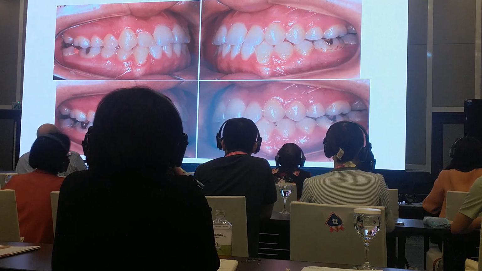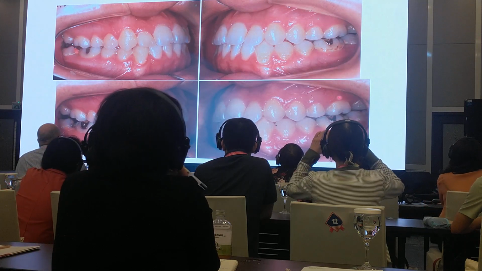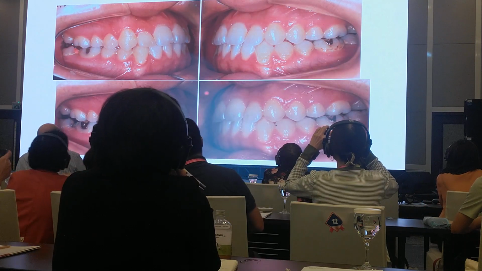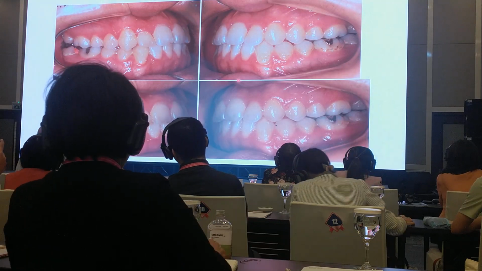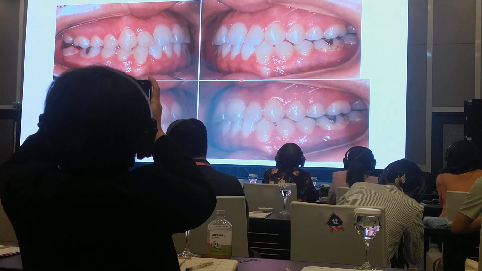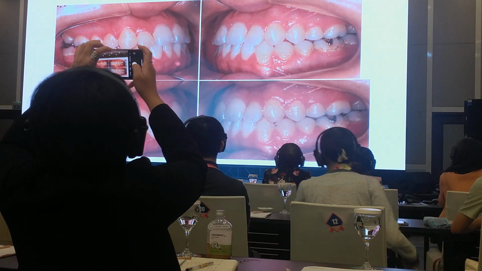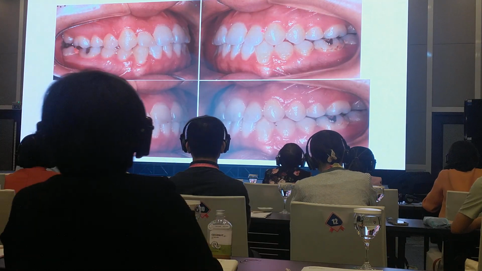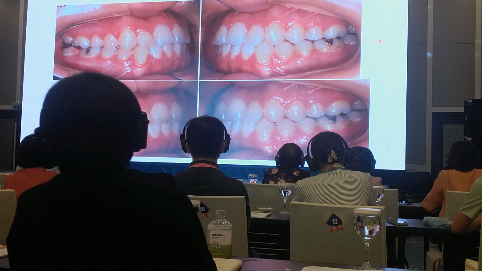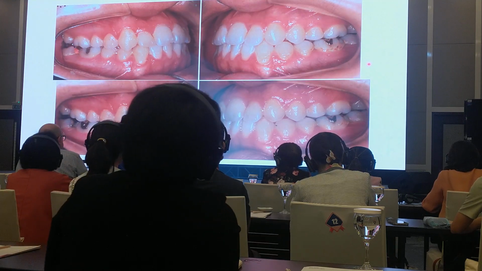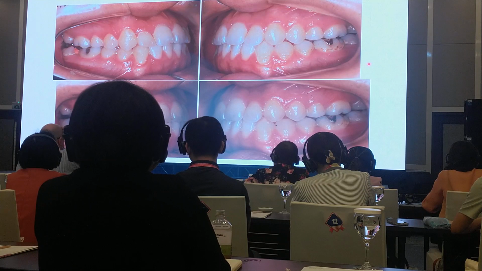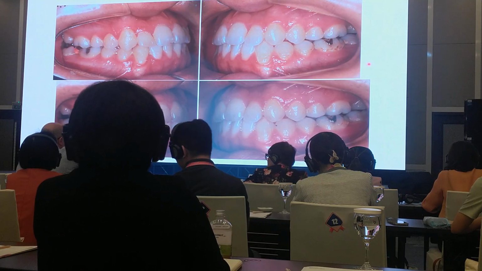Very short treatment. Maybe this case also took 10, 11, 12 months. A long time ago, I treated this. I forgot the start treatment time. But anyway, 10 months, within 1 year.